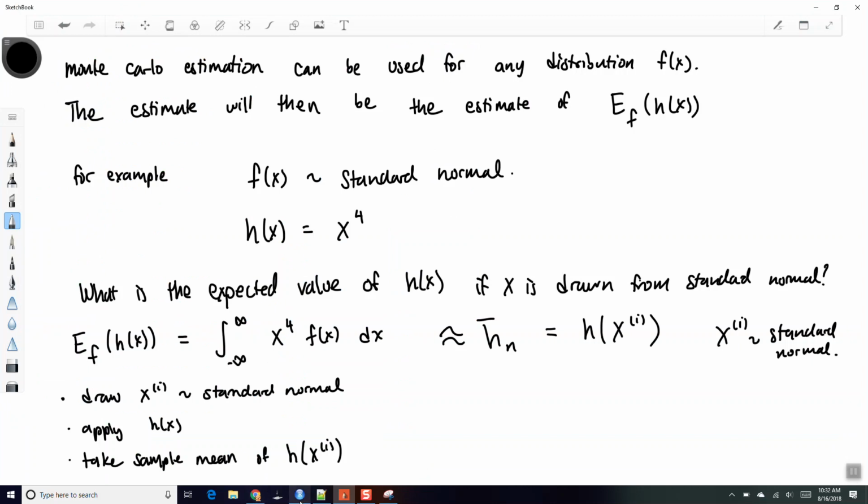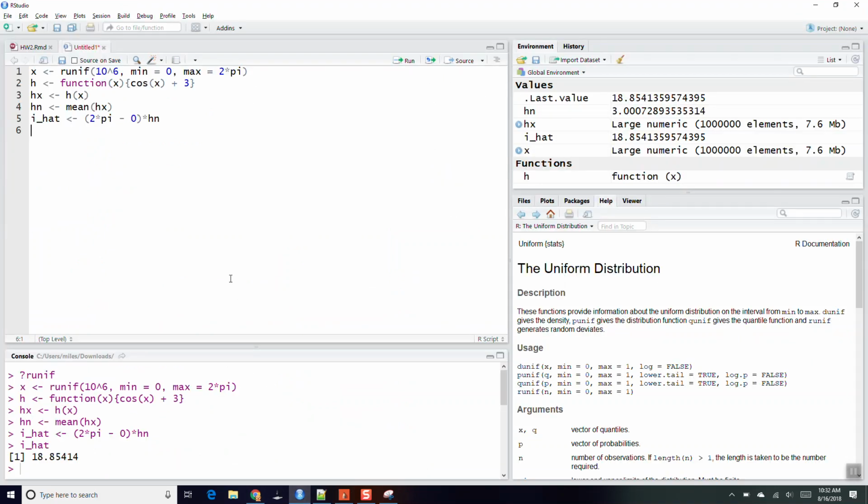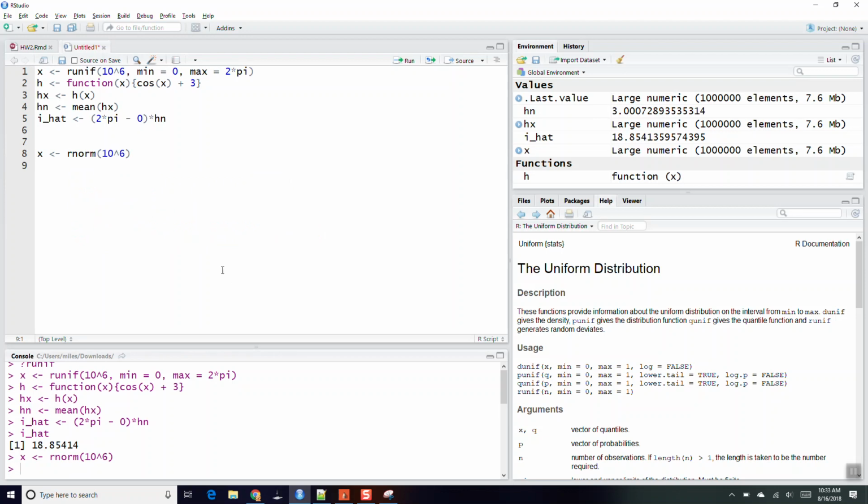And so in this example, we're going to just say x will be our norm, and we'll ask for a million values. h will be a function of x, and that we just raise it to the 4th power.